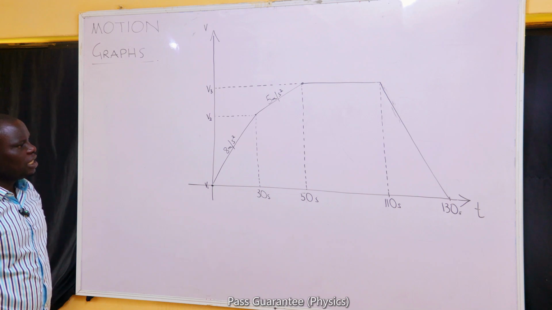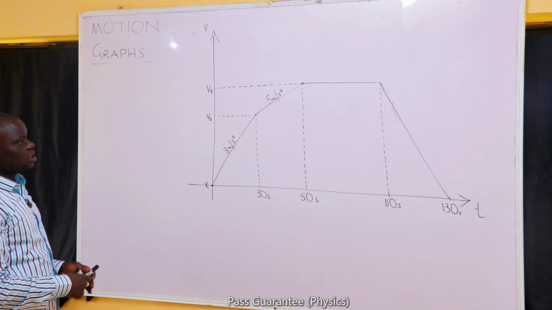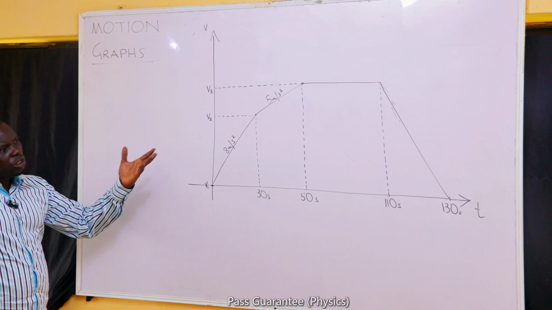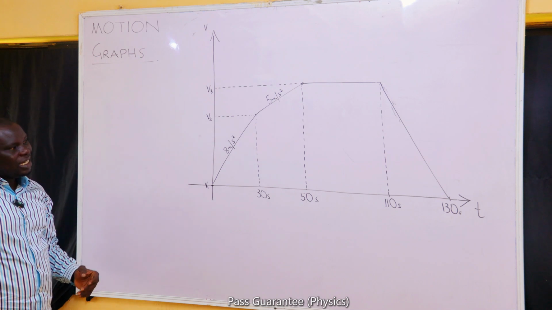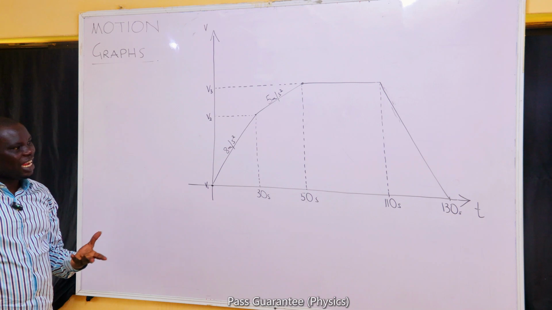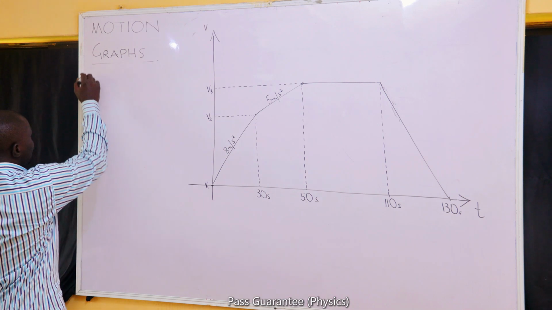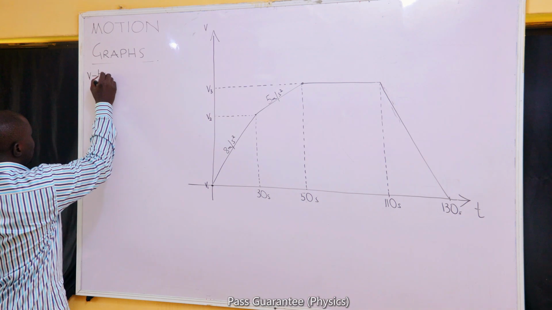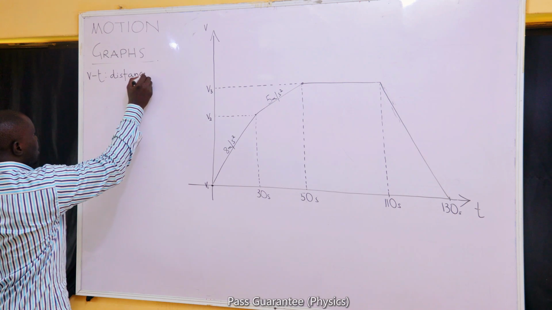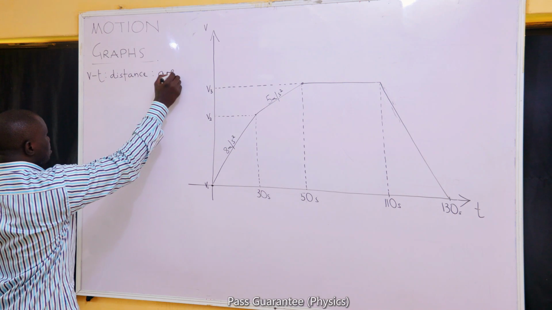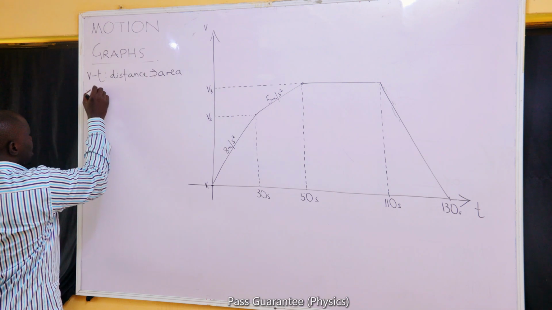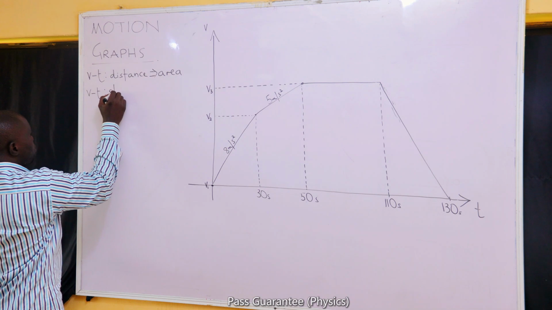Now I want to find this average speed. Average speed is total distance over total time. So I must know the total distance. Distance on a velocity time graph is the area. On a velocity time graph, the slope is acceleration.